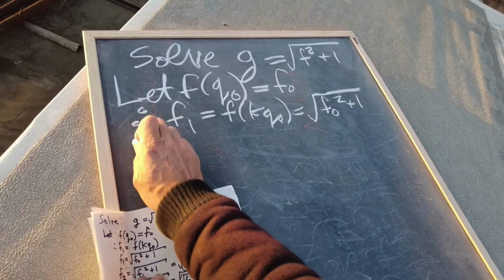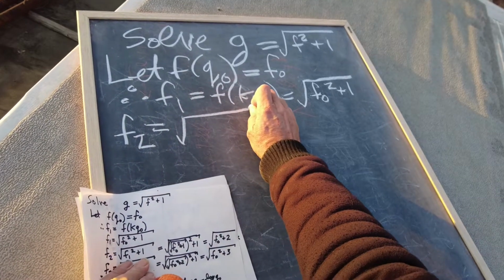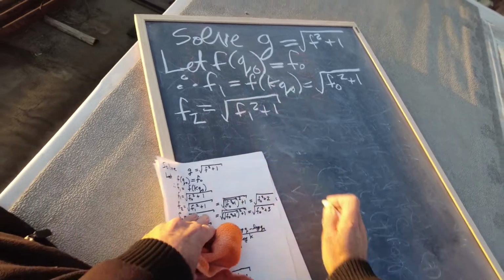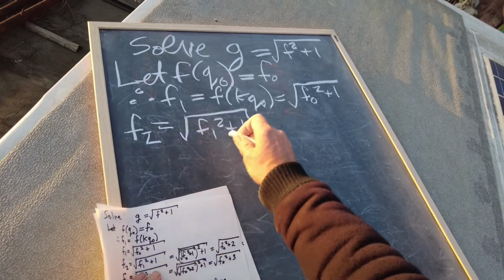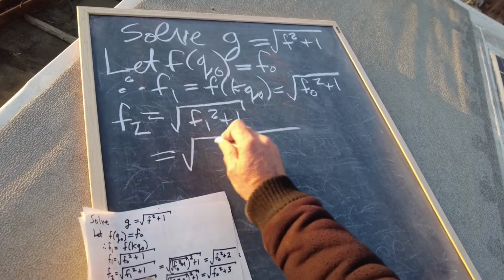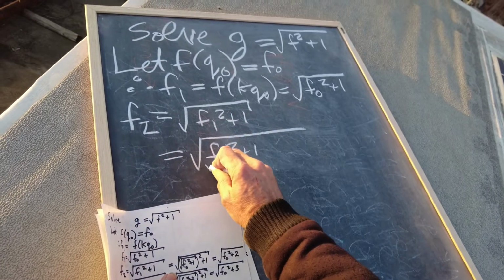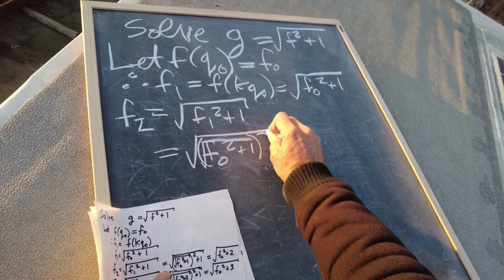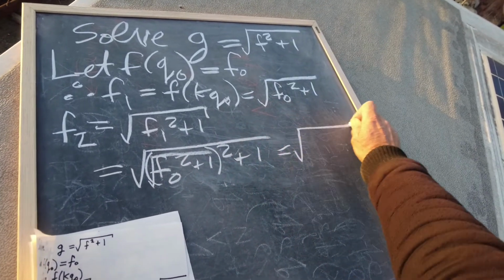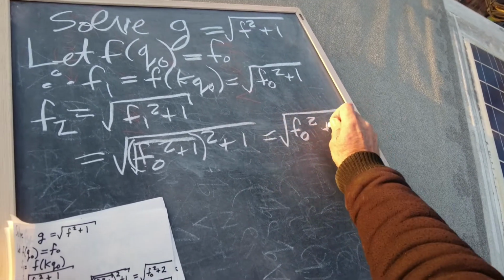And we have f2 equals the square root of f1 squared plus 1, which is equal to the square root of f0 squared plus 1 under the square root sign, squared again, plus 1, which is equal to the square root of f0 squared plus 2.